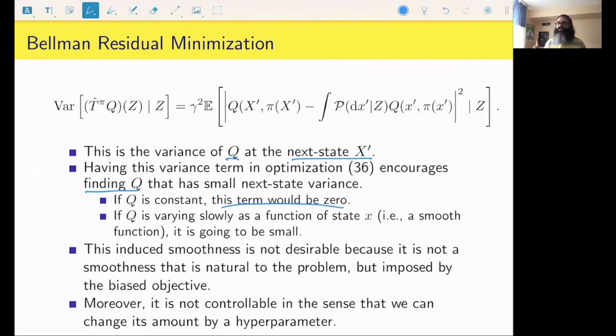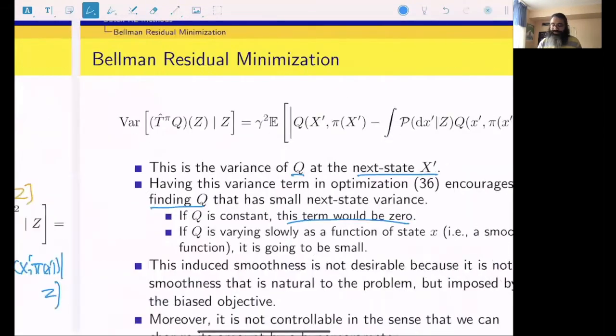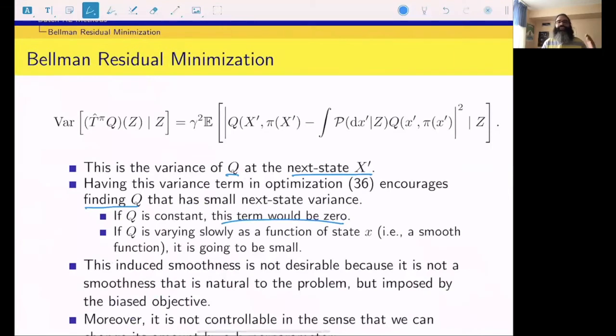So if we only had the second term, the best Q to minimize this optimization problem would be a constant Q. But of course, we have the first term, which is the Bellman error, which makes a constant function not a possible solution, at least in most cases.